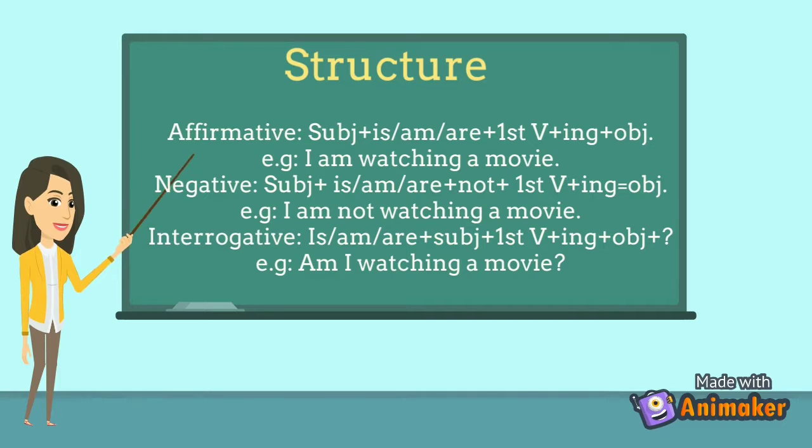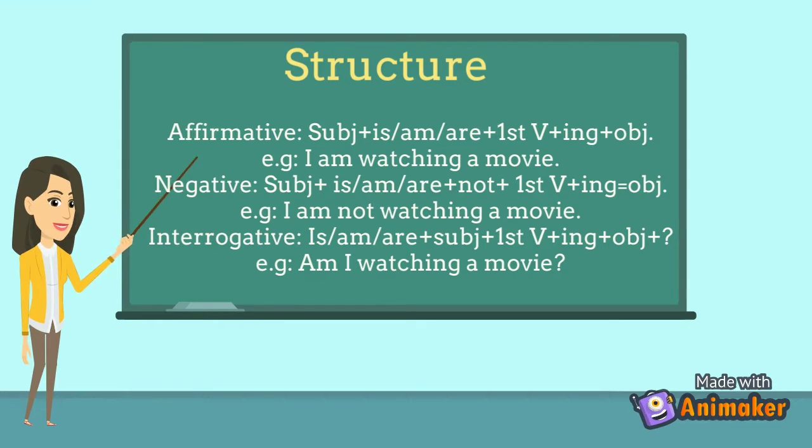Then we have watch, the first form of verb plus ing, so it becomes present participle, that is watching. A is an article. Then we have movie, which is an object. Now, the action which is being done on a movie is that it is being watched by I, the subject.